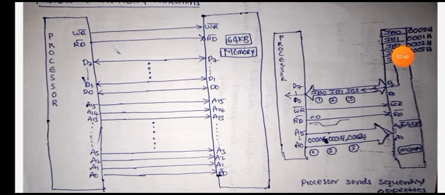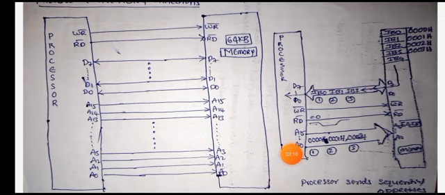Whatever instruction is present within the 002 address, that is IB2, instruction byte 2, is transferred through the data pins of the memory and through the data wires and enters into the processor. So IB2 is executed.